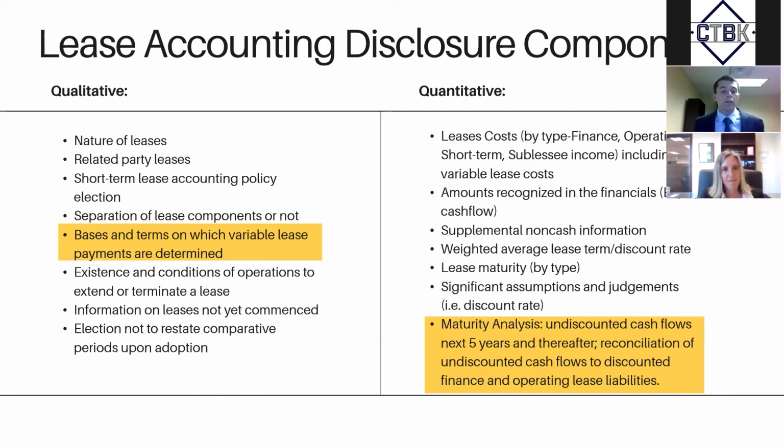To achieve this objective, a lessee's disclosures will include qualitative disclosures, such as information about the nature of leases, related party leasing arrangements, and short-term lease accounting policy election, in addition to quantitative disclosures, such as operating lease cost, weighted average remaining lease term, weighted average discount rate, and a maturity analysis of lease liabilities. In addition, significant judgments and assumptions made are required to be disclosed in the footnotes under topic 842.